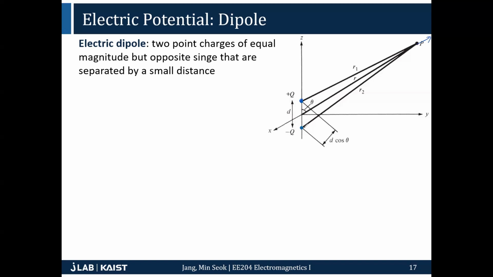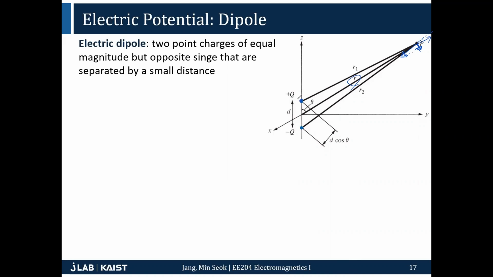Due to charge 2, you have an electric field like that, because it's the opposite direction. Then you add them up, and your electric field would be along this direction, right? You can guess the answer. But we need to know the general solution as a function of R.